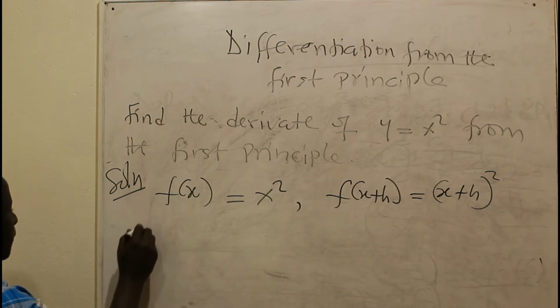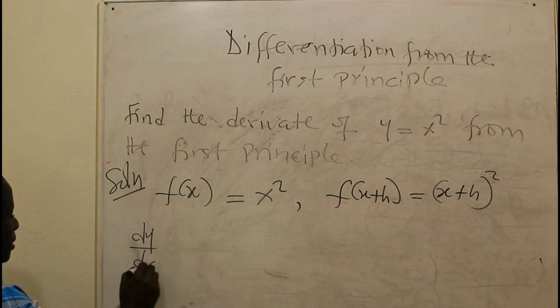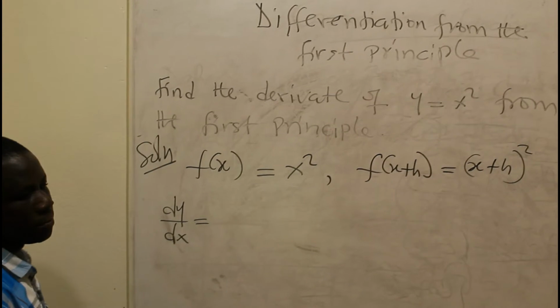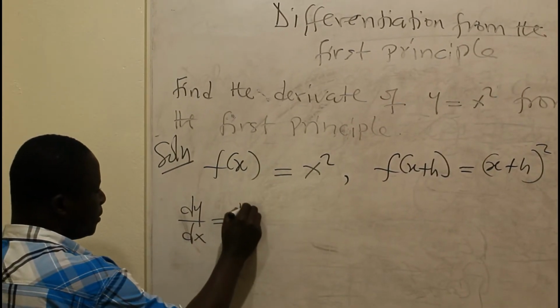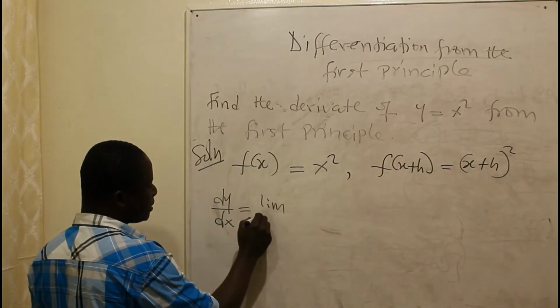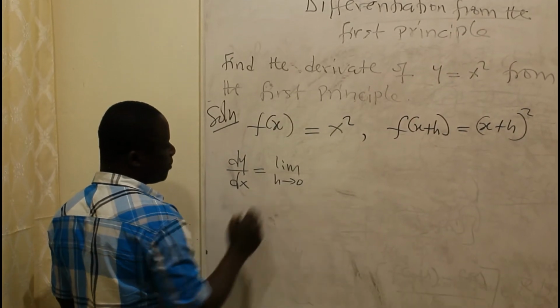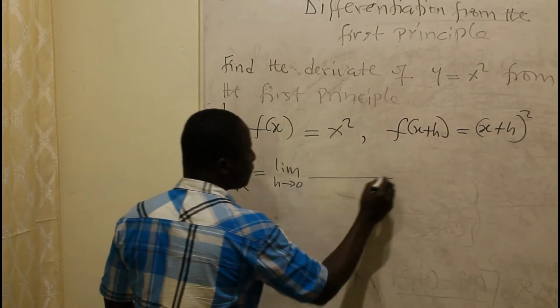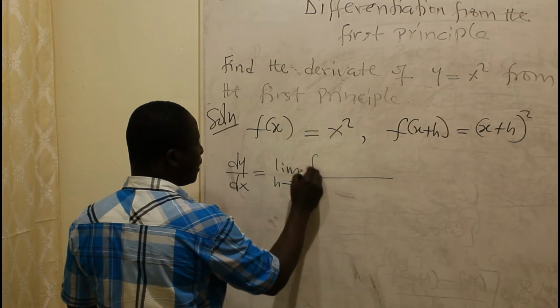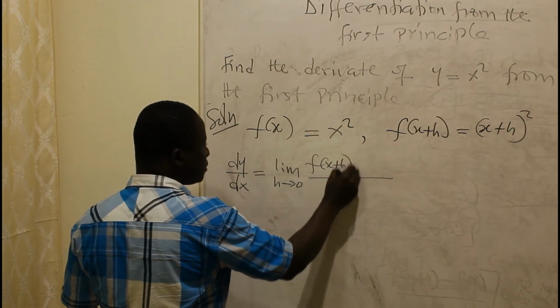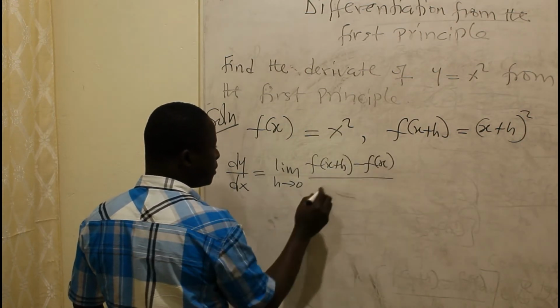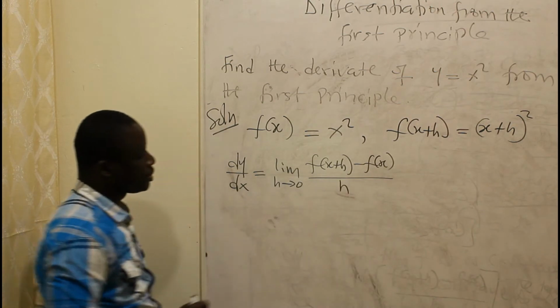So the derivative, which is dy dx, will now be equal to the rule: limit as h approaches 0 of f of x plus h minus f of x divided by h.